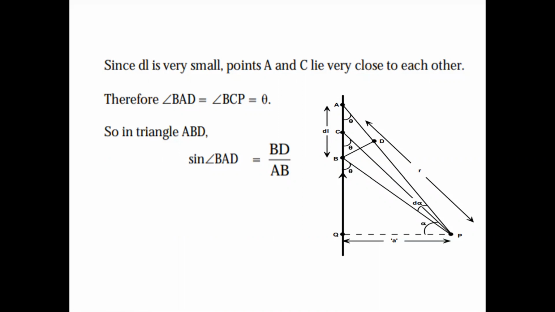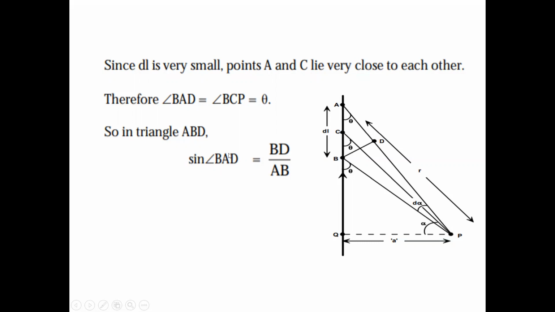And next, in the triangle ABD, from this triangle ABD, sine of BAD, so here it is theta. So sine theta is equal to opposite side by hypotenuse. Opposite side is BD, hypotenuse is AB.